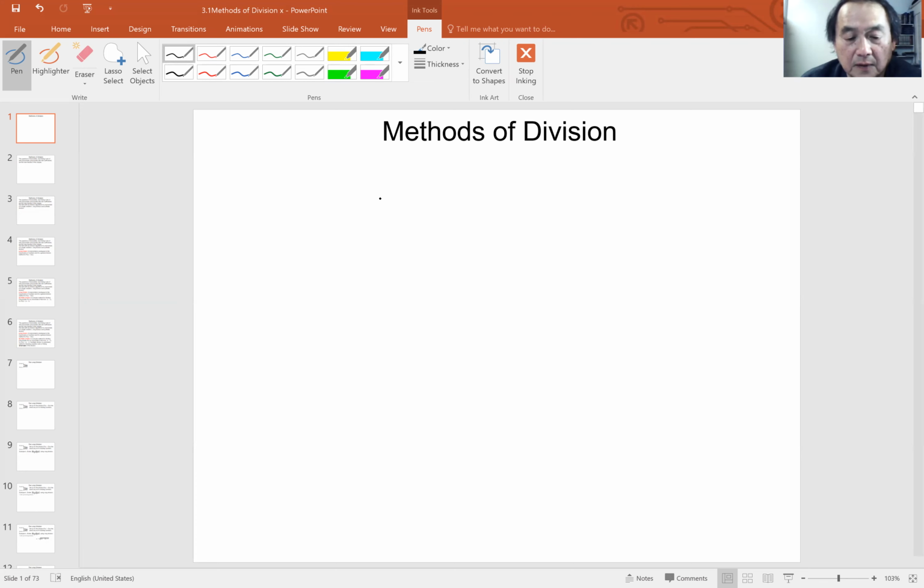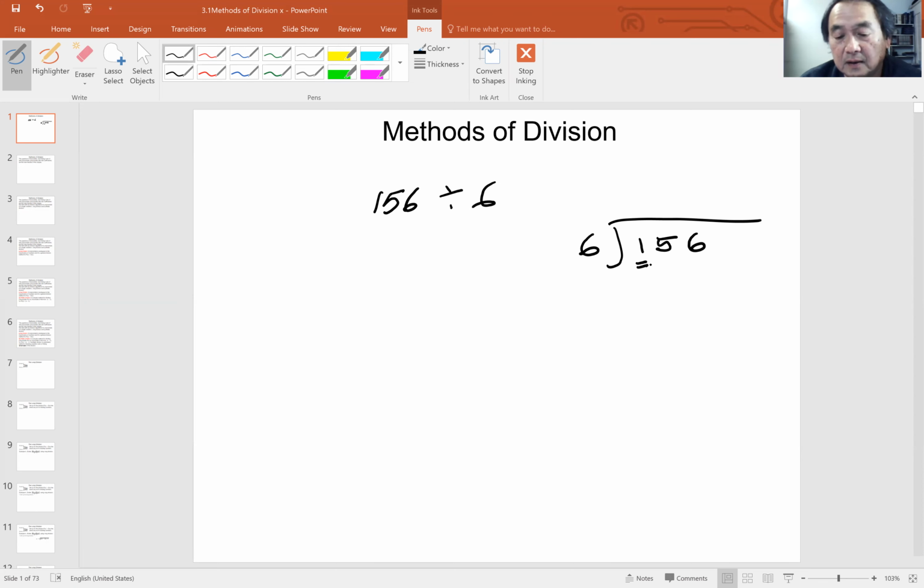Like for instance, if I ask, is 156 divisible by 6? We have a method for doing this, the so-called long division. We divide by 6 and we scan: 1 is not enough. Then we go to 15, which is enough to enter the quotient 2.